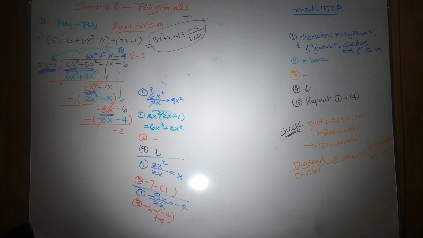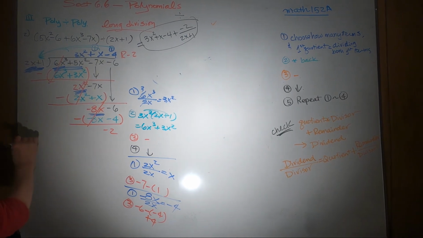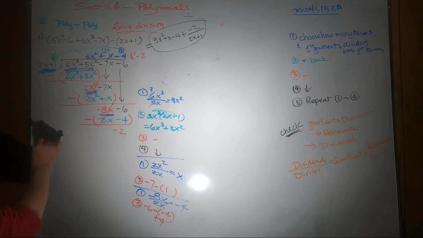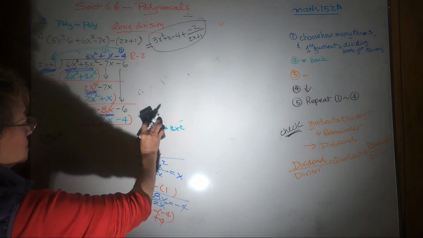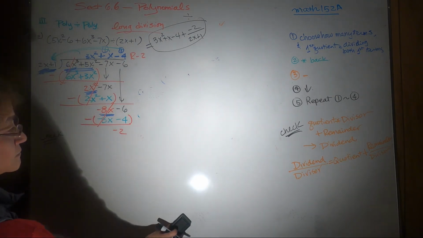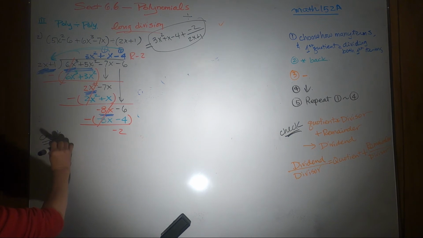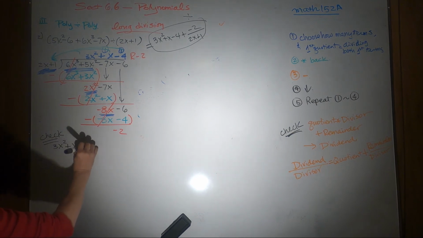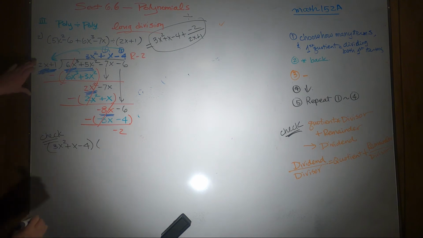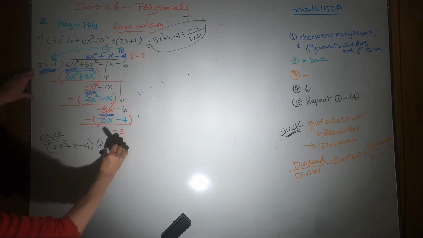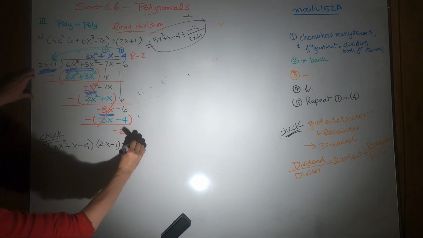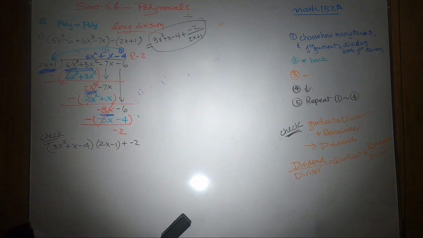Then how do you know you are doing right? You have to check. All right, then how do you check? You have to use your quotient, 3x squared plus x minus 4, times your divisor, 2x minus 1. Then you have to add your remainder. So multiply back to check.